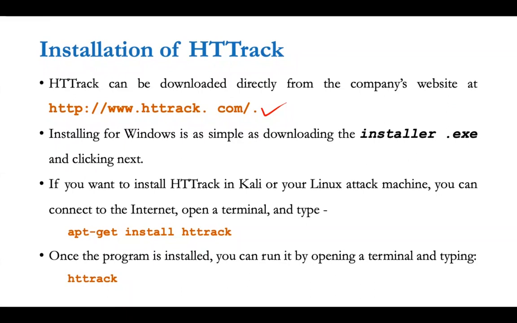If you want to install HTTrack in Kali or your Linux attack machine, you can connect to the internet as we described in the introduction part of the penetration testing. You just open the terminal and give the command: sudo apt-get install httrack.